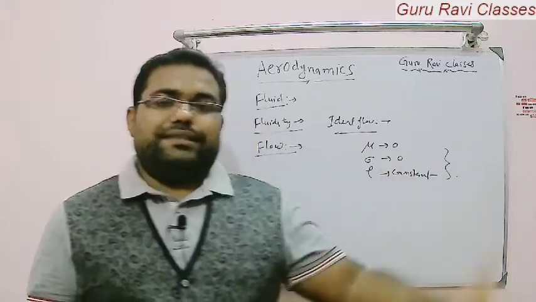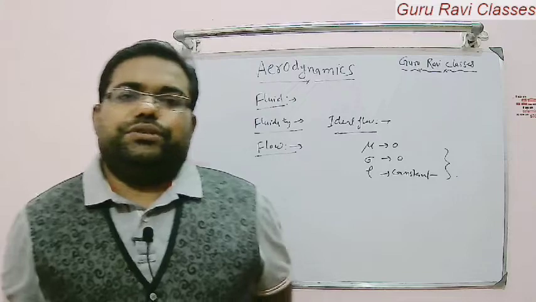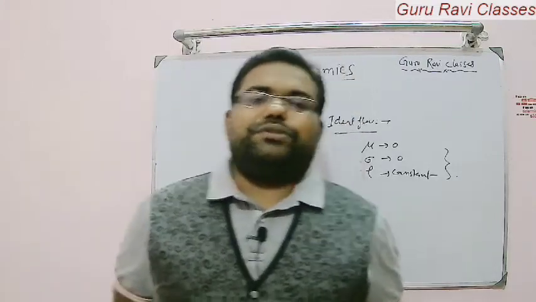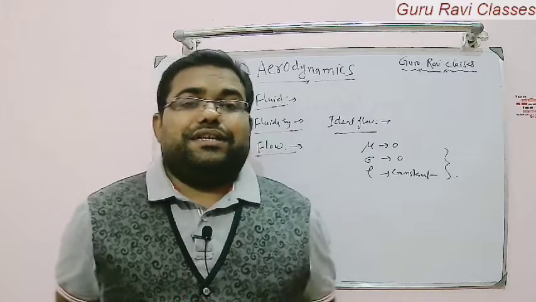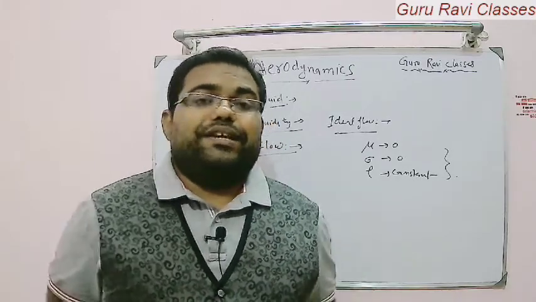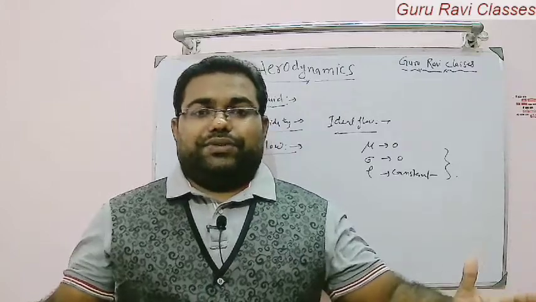Now, as I said, fluid has two types: liquids and gases. If we compare liquids and gases as per the molecular spacing, liquid molecules are slightly compact compared to gases. Gas molecules are situated slightly farther away.